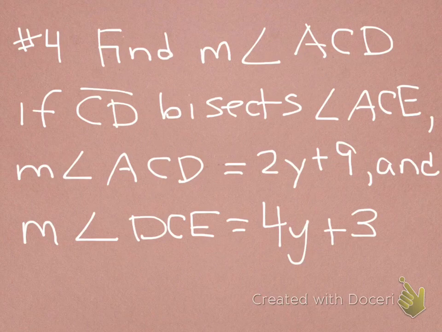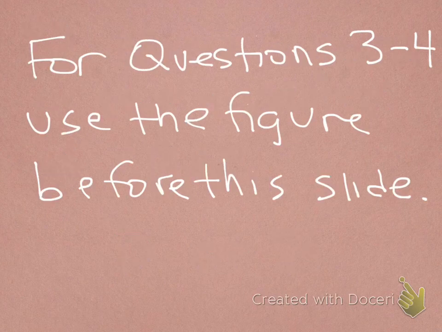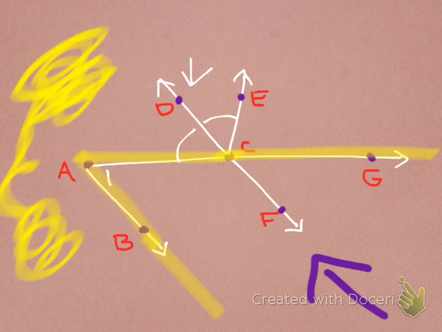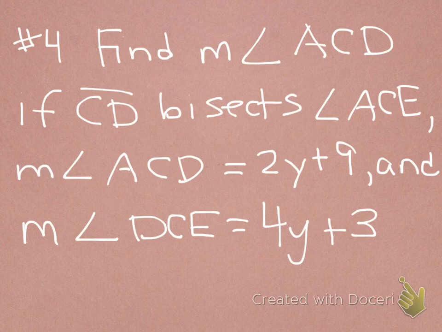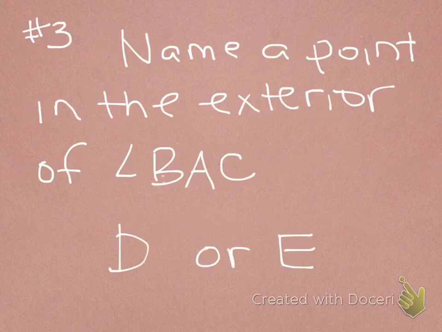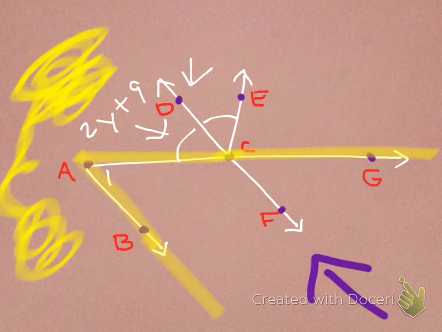Then it says ACD is 2y plus 9. So ACD here, 2y plus 9. DCE is 4y plus 3. That's going to be here.